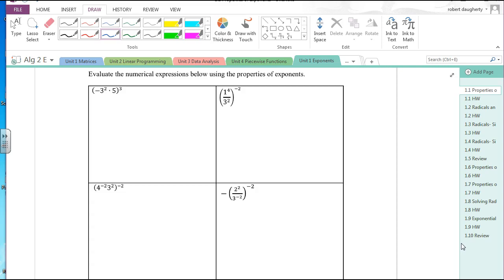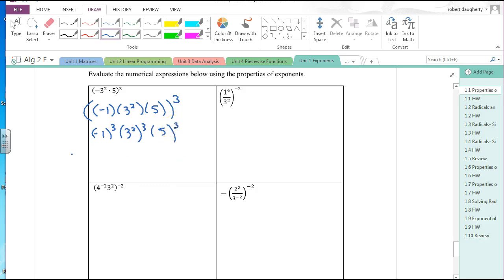I can write that number as -9 and then cube it. Or I could write it like this: -1 times 3 squared times 5, all of that being cubed. So I'm going to have -1 cubed, 3 squared cubed, and 5 cubed.